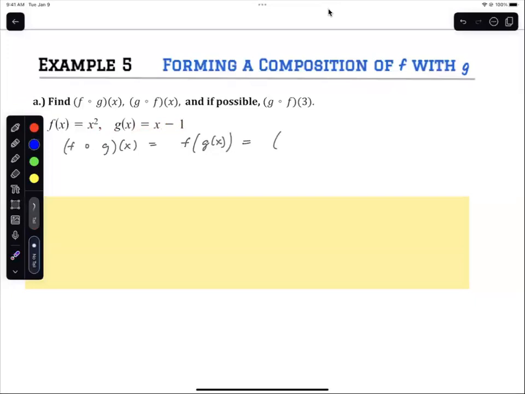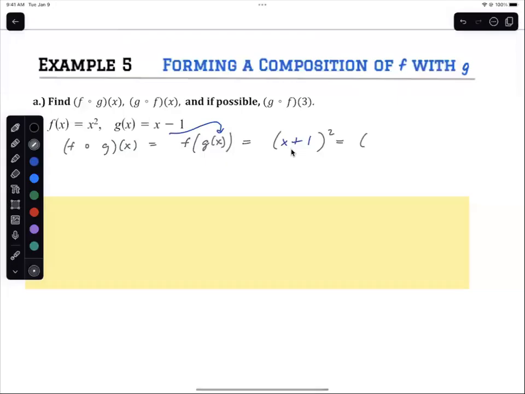So it's going to be x plus 1 squared, which we simplify: x plus 1 times x plus 1 is just x squared plus 2x plus 1.